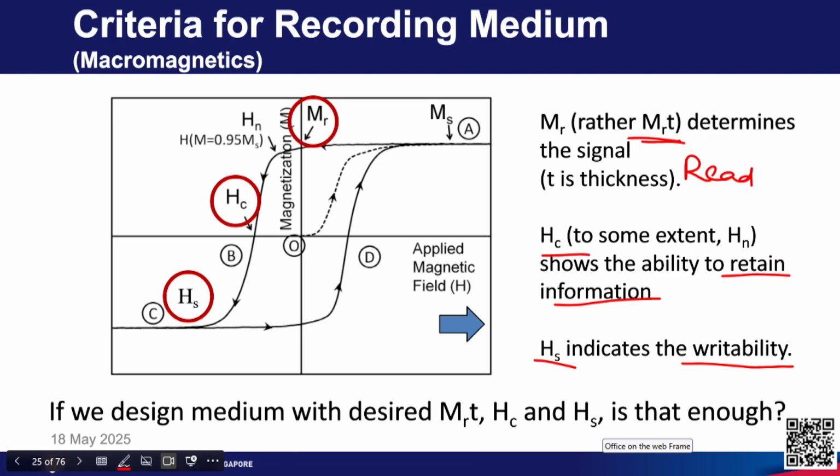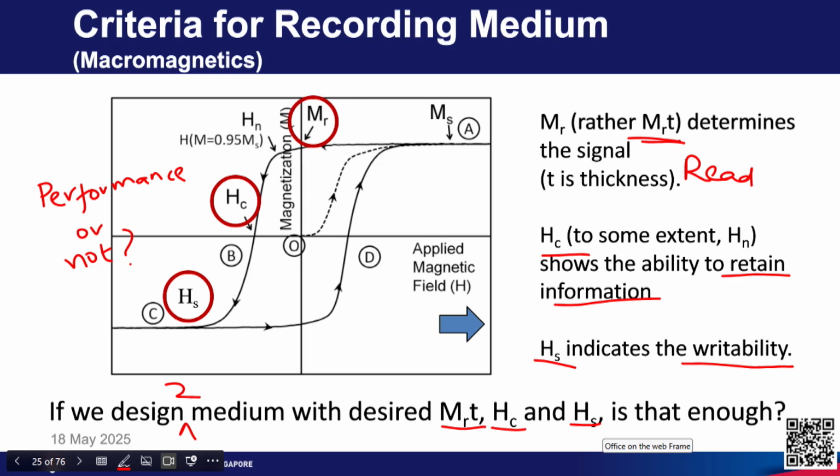Suppose I design two recording media with desired values of MRT, coercivity and saturating field. Will they give rise to the same performance or not? That is the question.